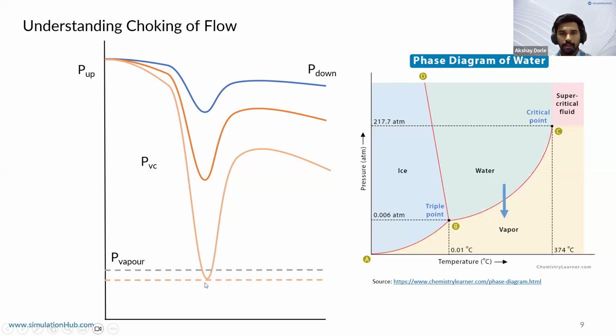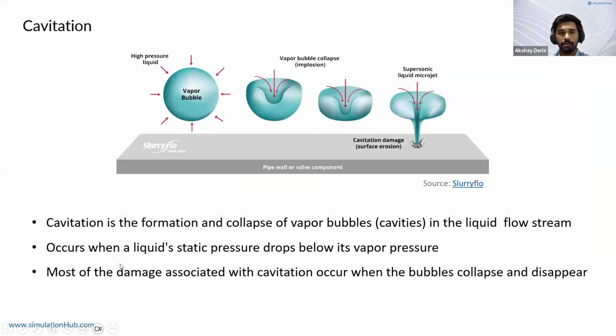So this is where things will start to get really interesting, because we have a phase change, and this phase change in the flow is generally referred to as cavitation. So cavitation is formation of vapor bubbles. As the pressure inside the domain falls below the vapor pressure, this leads to phase change.